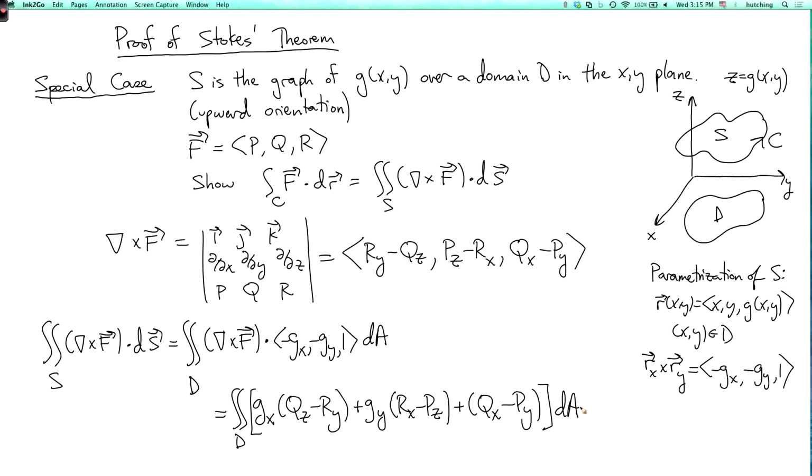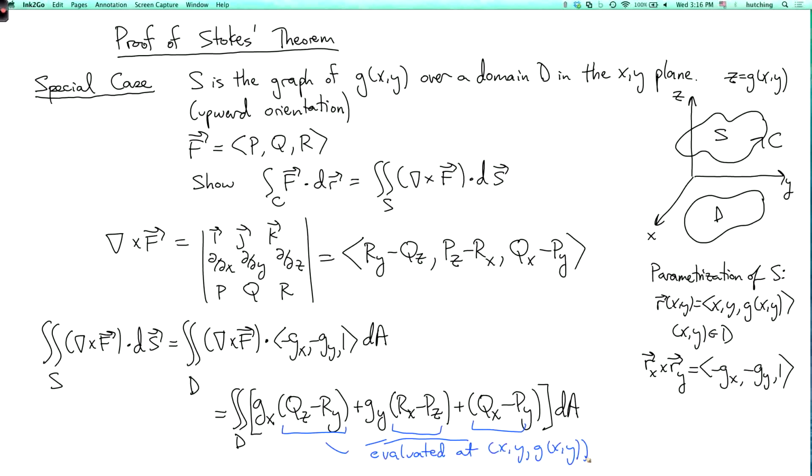And I didn't write it down because it would take too much space, but it's key to remember that the gx and gy are evaluated on D, but the Q's, R's, and P's are all evaluated at the point x, comma y, comma g of x, y in three-dimensional space.